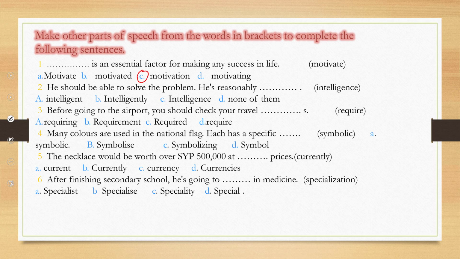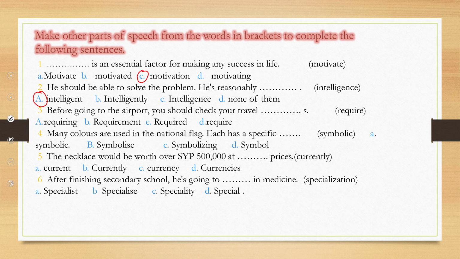He's reasonably, from the word intelligence, I should have another word that suits the space here. Reasonably is an adverb, should be followed by an adjective. He's reasonably intelligent, intelligently, intelligence, none of them. Of course, it should be he's reasonably intelligent.